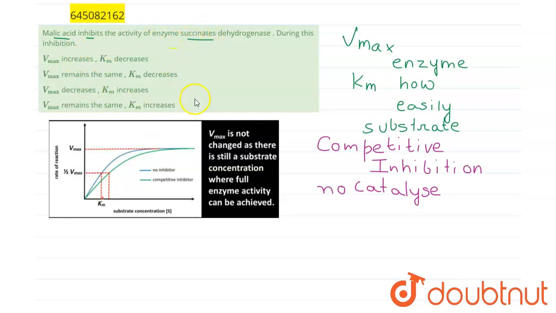You can see from the graph that this was the original curve where no inhibitor was present, and now when a competitive inhibitor has been added, the value of Km has shifted, but Vmax is there. The value of Vmax is similar. Vmax remains unchanged because substrate is still there.